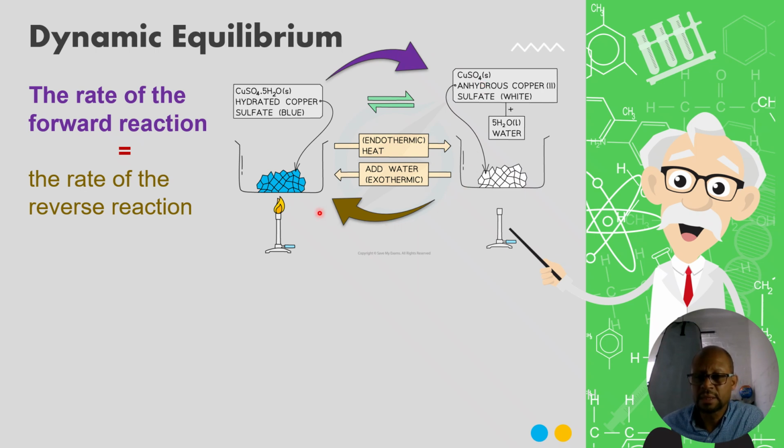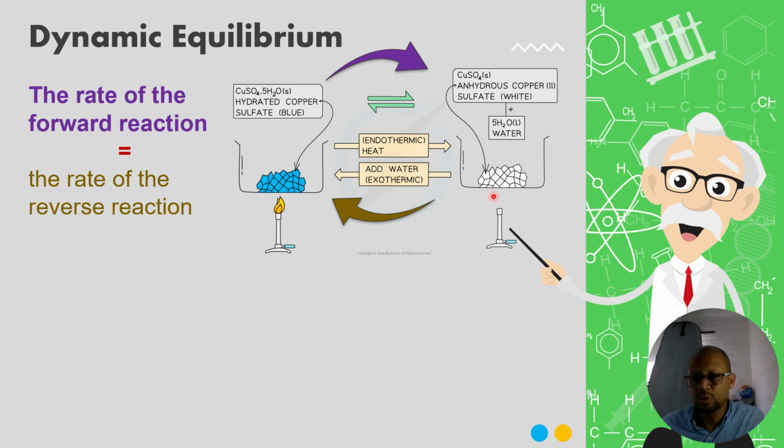When you have these crystals in the lab, the reaction takes place continuously. However, from your point of view, when you observe the reaction, you will see mostly one color that will dominate over a long period of time. What we don't see is that the reaction takes place on a microscopic level. So if you see more blue, it means that the reaction has more blue crystals compared to white crystals.